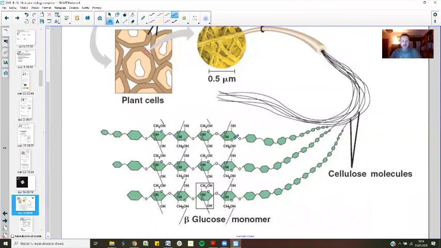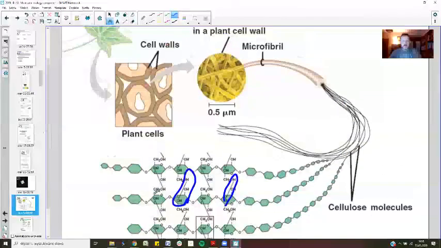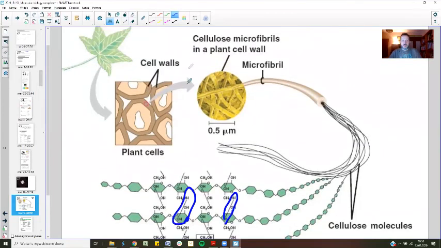Because of its regularity, hydrogen bonds form between adjacent chains, and these bonds strengthen the structure, made of many cellulose fibers, a cellulose macrofibril, made of single cellulose strands. That's why cellulose has a very important role in the cell wall of plants.